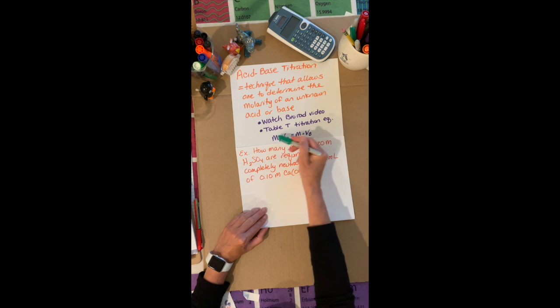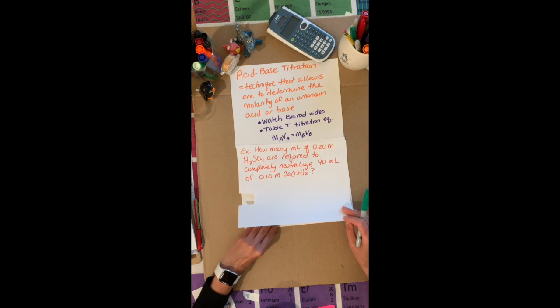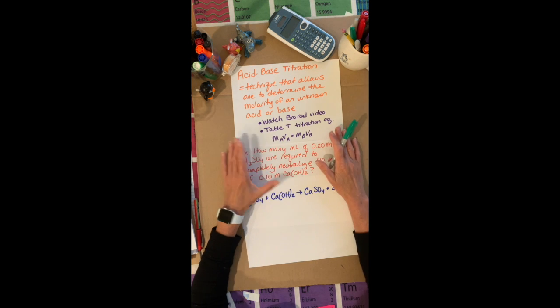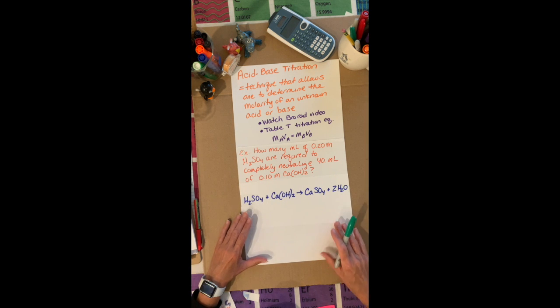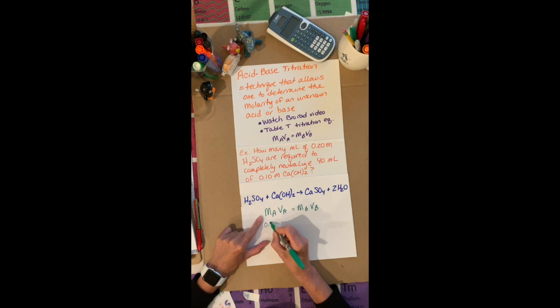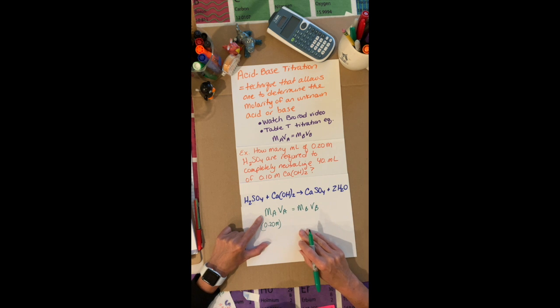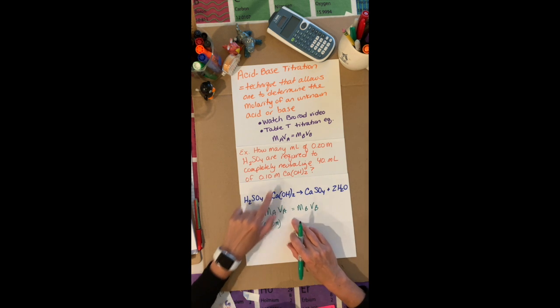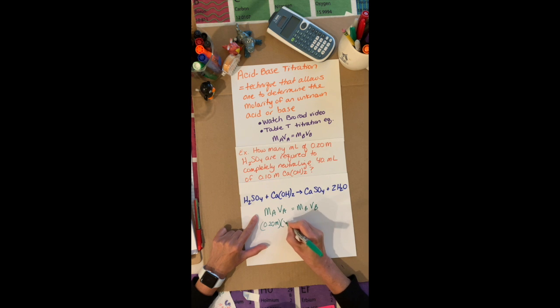Okay, so we have 3 out of the 4 requirements for this equation. So let's look at that overall equation. The molarity of this acid is 0.20 molar. How many milliliters do we need?